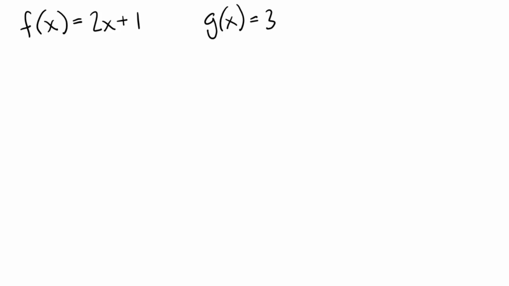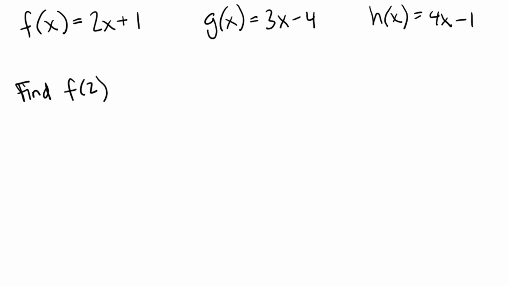Sometimes you'll have a few different functions, like f of x equals 2x plus 1, and let's have g of x equals 3x minus 4, and h of x equals 4x minus 1. And then you'll have a problem that'll say something like, find f of 2.